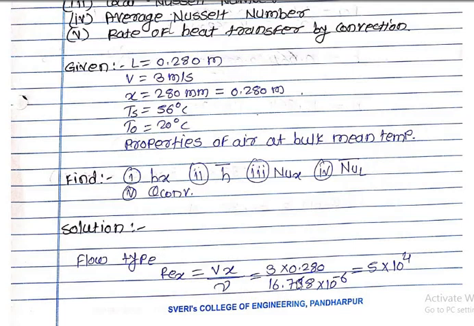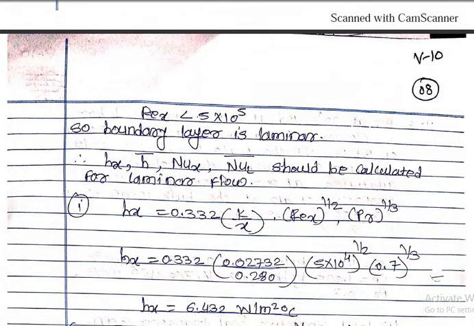Velocity is 3 into 0.280, where this 0.280 is the distance of the particular location from the leading edge. The nu value we have to take from the properties, that is 16.768 into 10 raised to minus 6. So we will get the Reynolds number 5 into 10 raised to 4, which is less than 5 into 10 raised to 5. So the boundary layer is laminar.